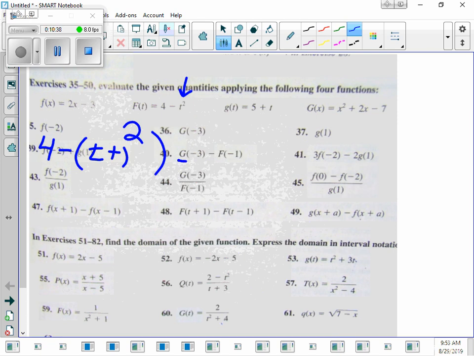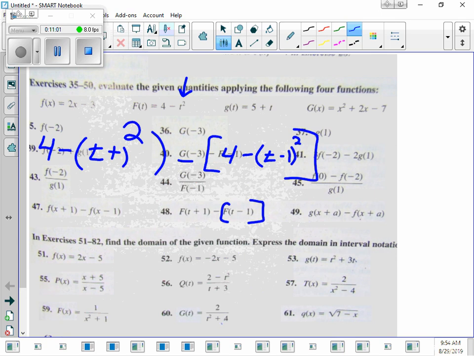And then I'm going to subtract, and you have to be careful here. I need to subtract the entire piece. So I'm going to put brackets 4 minus t minus 1 squared bracket.